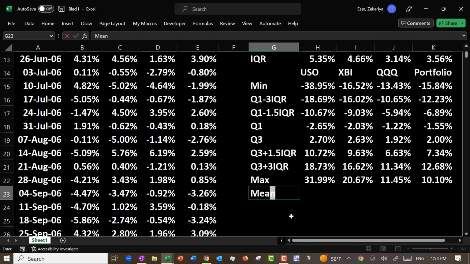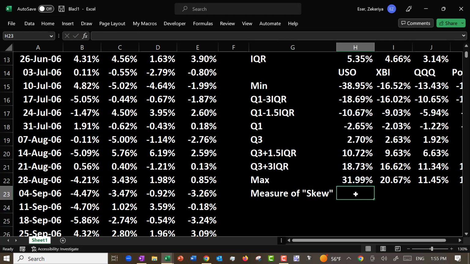If you want a measure of skew, there are other measures, but one that I use is to compare the distance between the fifth and first percentile on the left and on the right, okay?